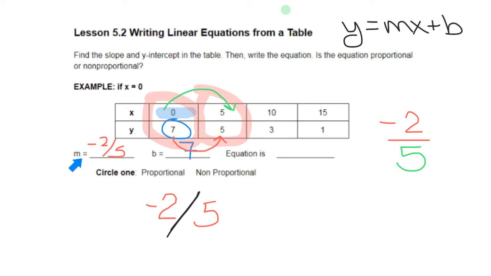So we have our m, our slope. We have our b, our y-intercept. Put them together for your equation. So y equals, this is a small line, isn't it? -2/5 x plus 7.